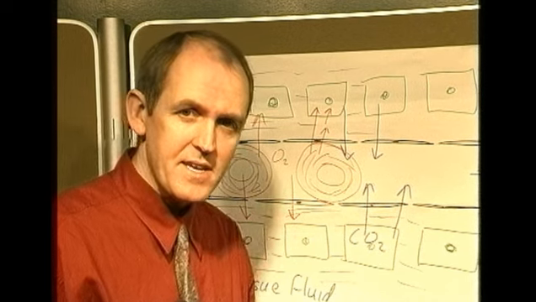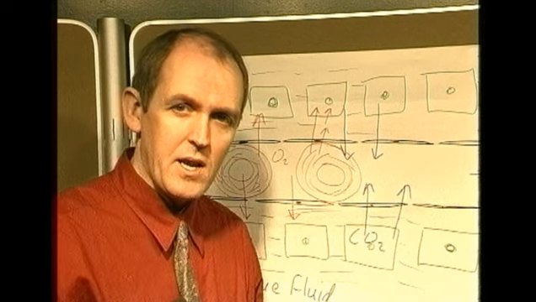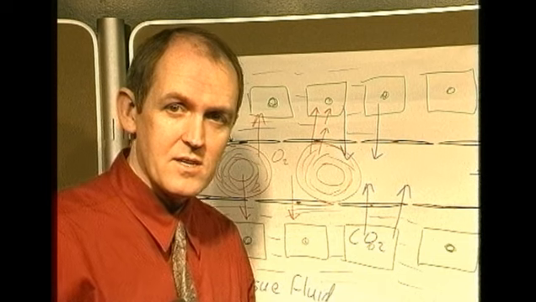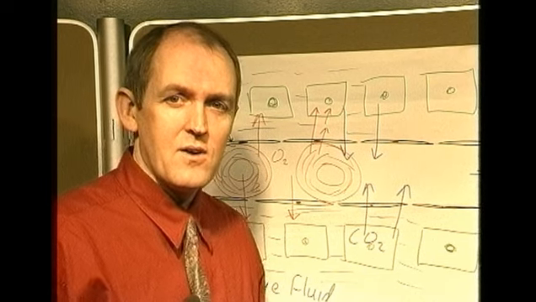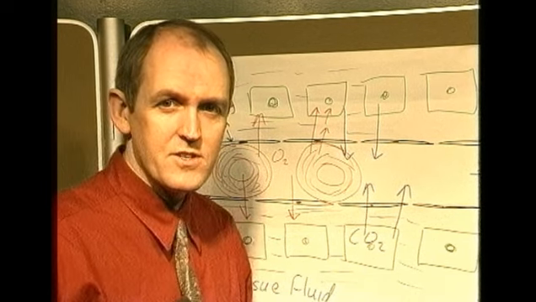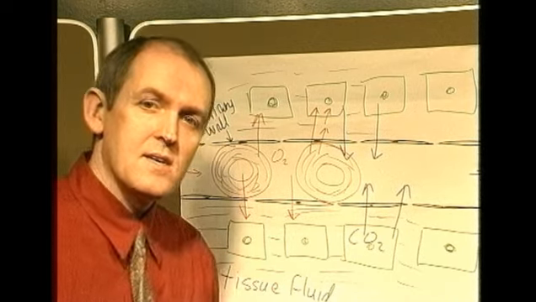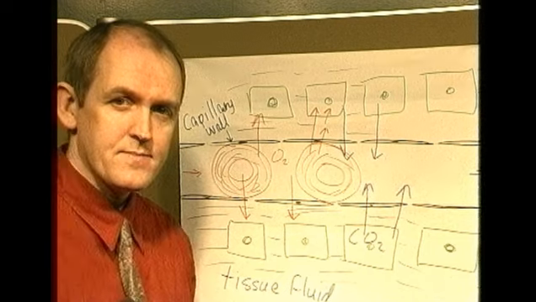The blood leaving at the venous end of the capillary is going to be low in oxygen because it's given it up to the tissues, and high in carbon dioxide because it's collected it from the tissues. So there's this exchange of gases across the wall of the capillary to the tissue cells.